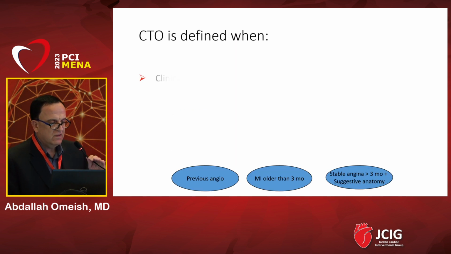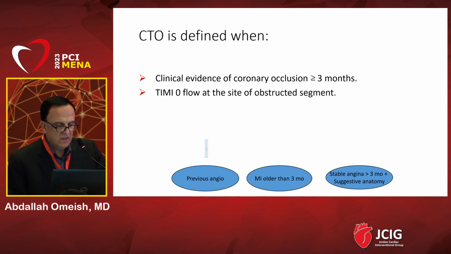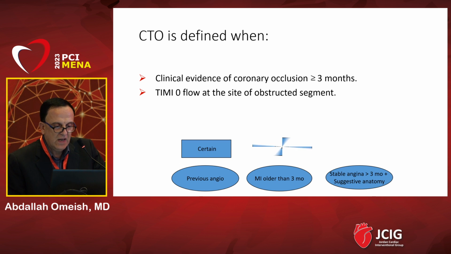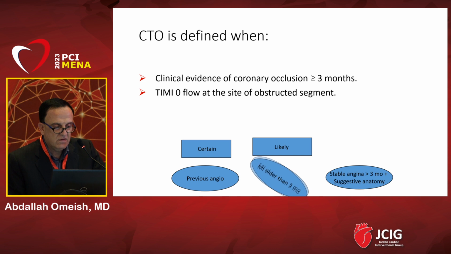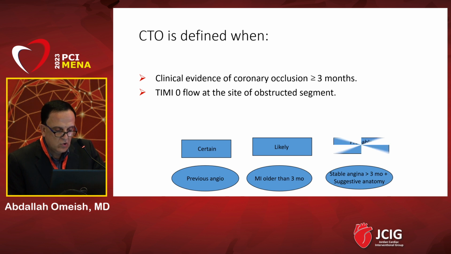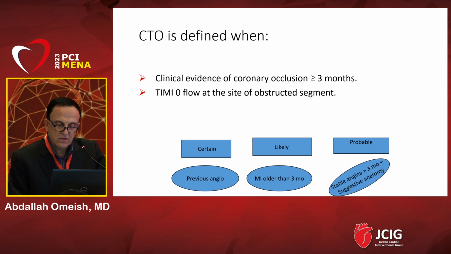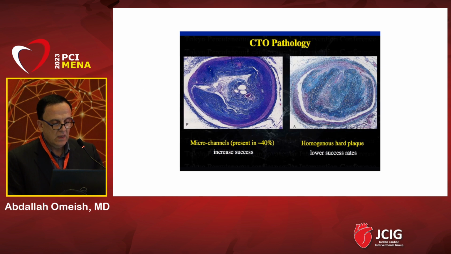Now we come to the CTO, how it is defined. It is defined when a clinical evidence of coronary occlusion is present more than 3 months, and there is zero flow at the site of obstructed segment. It is certain when there is a previous angio, and it is likely when there is MI older than 3 months, and it is probable when there is stable angina more than 3 months with suggestive anatomy.